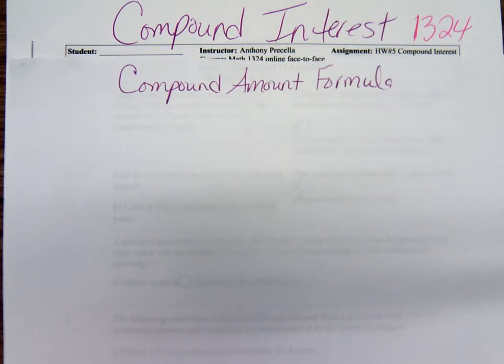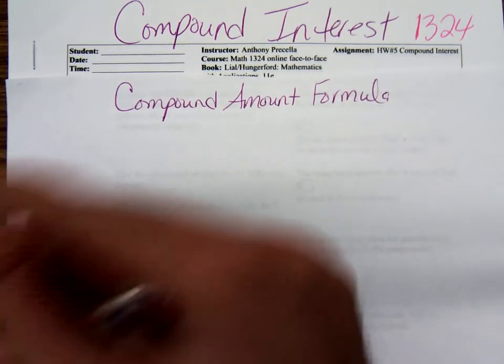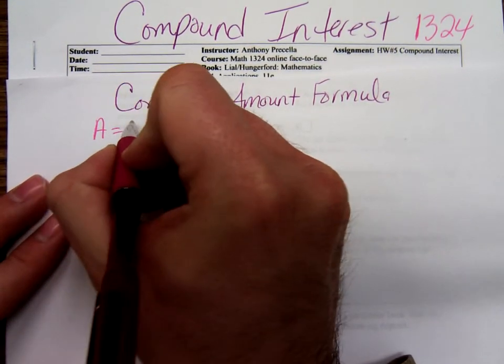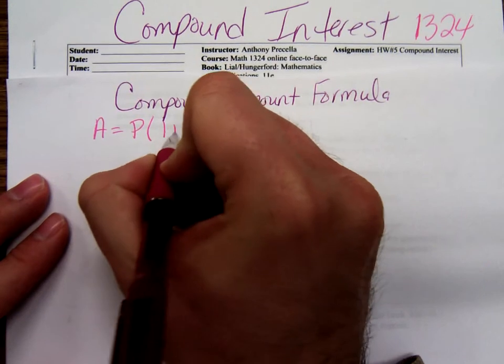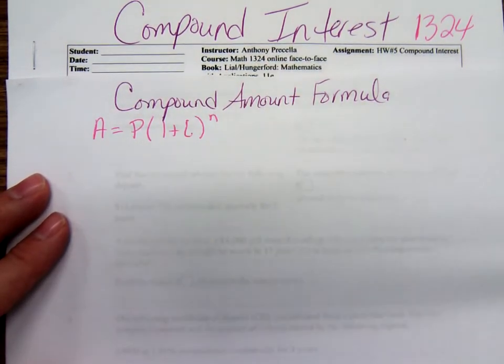We're going to look at a compound amount formula. And that formula looks like this. A equals P times 1 plus i, that's a lowercase i, to the n power.